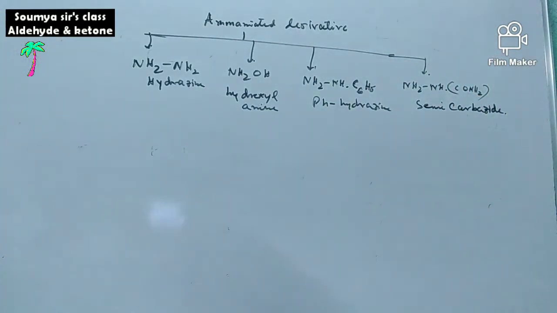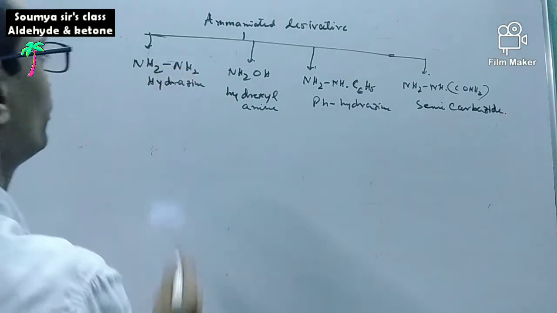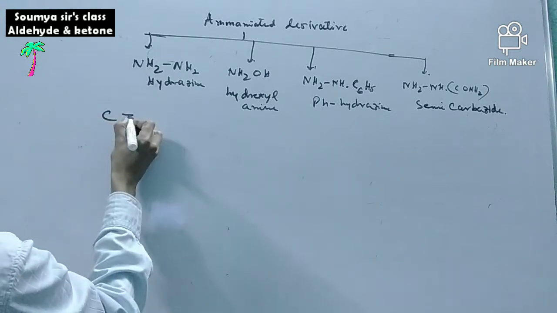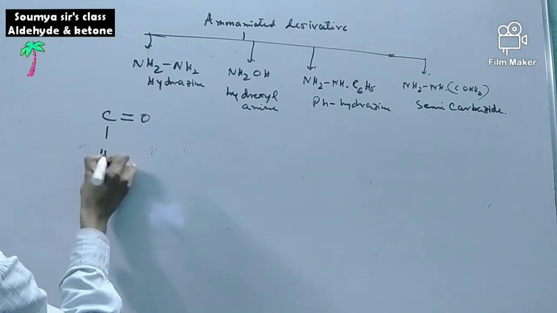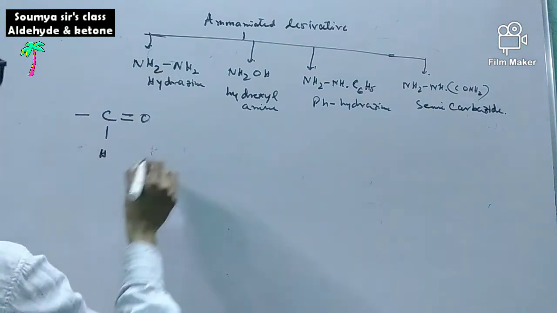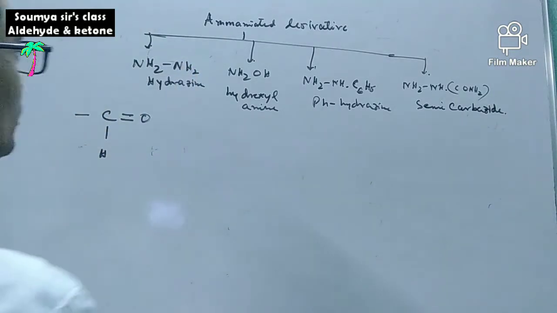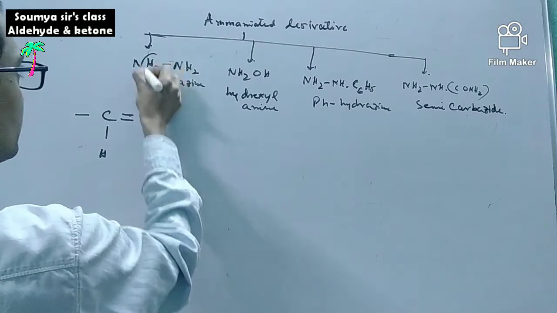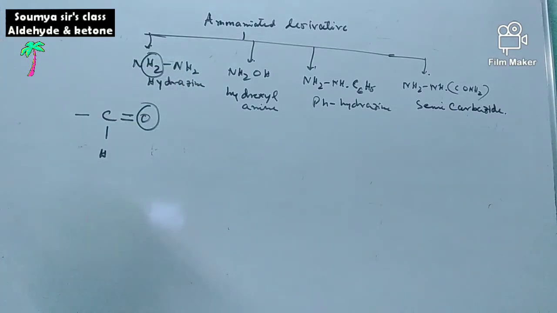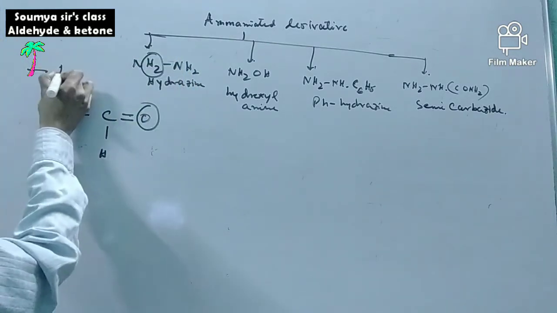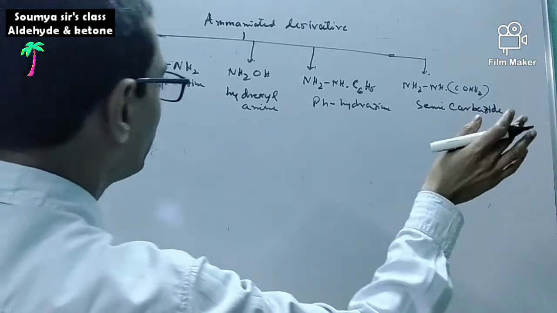Now all those have some amine group. Remember that the aldehyde group is acidic and the amine group is alkaline or basic. So technically the hydrogen with oxygen gives water. All the reactions will give water.